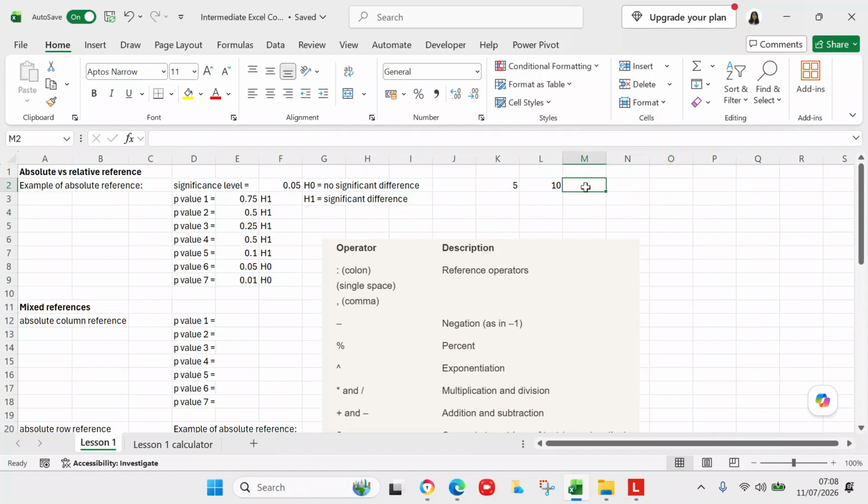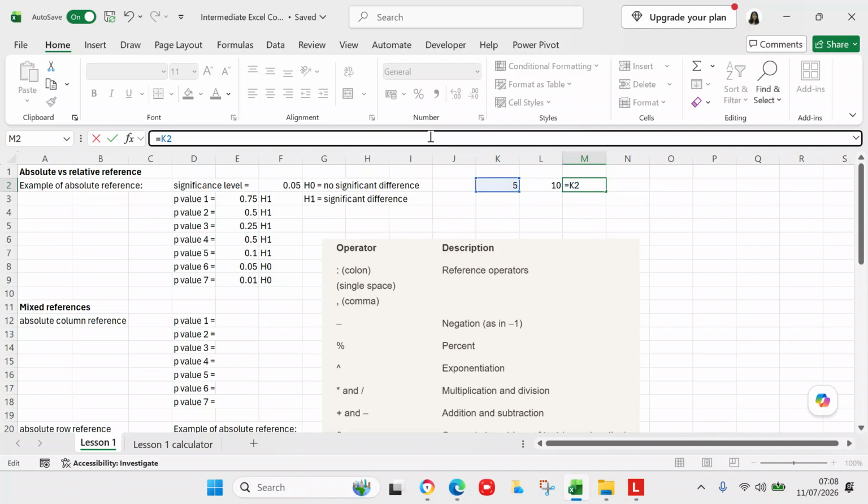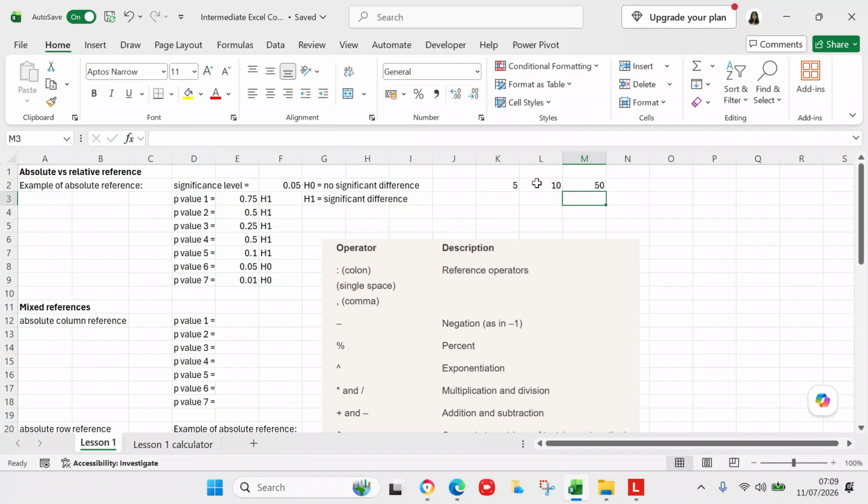Equals 5, and then we're going to multiply it this time. So 5 times 10 is 50, and we've done that with a formula. Equals K2 times L2, which is a relative cell reference.